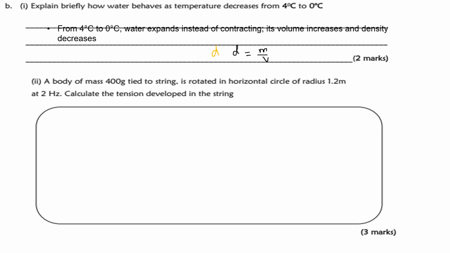So the scenario we have is we have a string to which a body is attached. This body has a mass of 0.4 kilograms, which is the same as 400 grams.